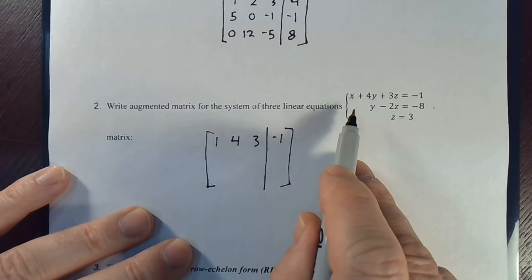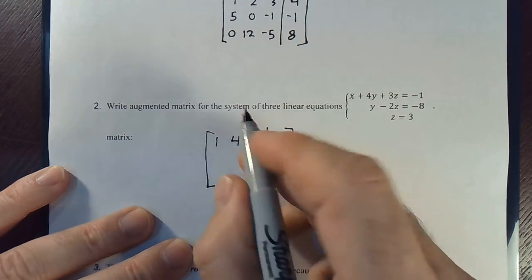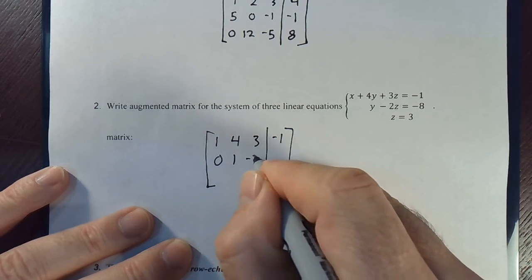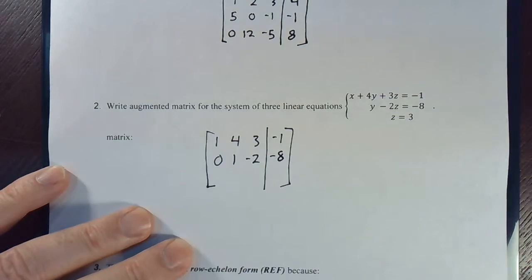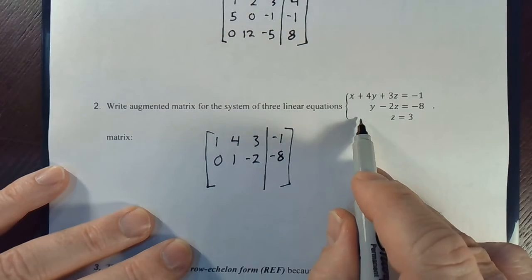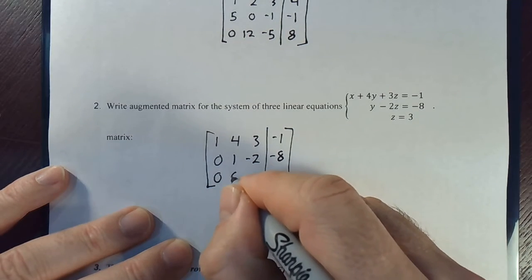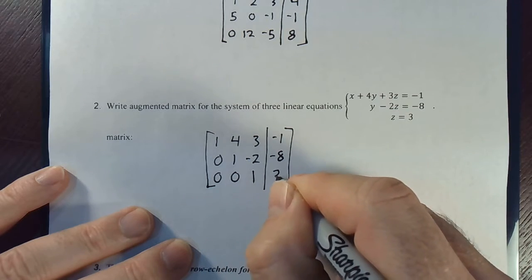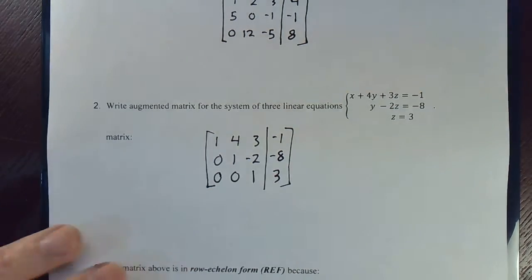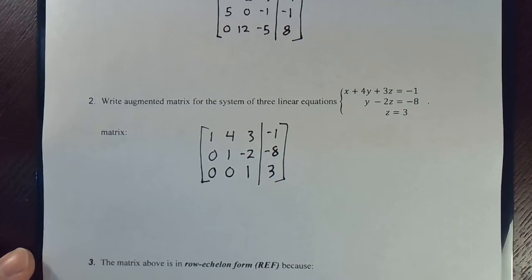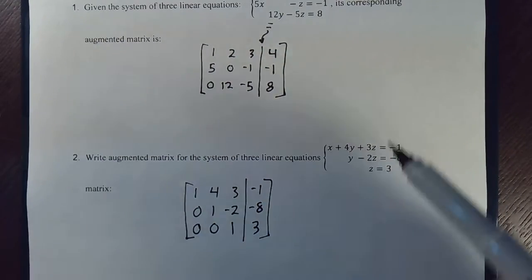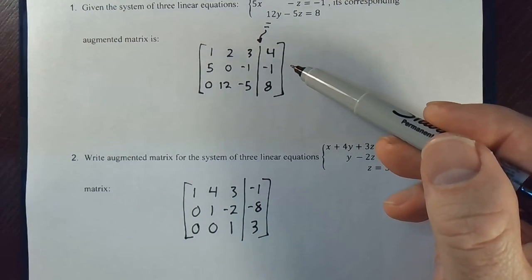And then we'll have a 0, 1, negative 2, negative 8. And then we get a 0, 0, 1, 3.